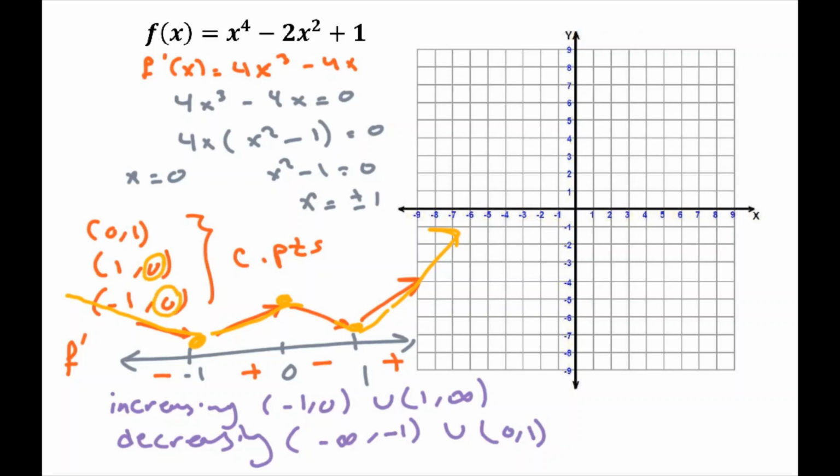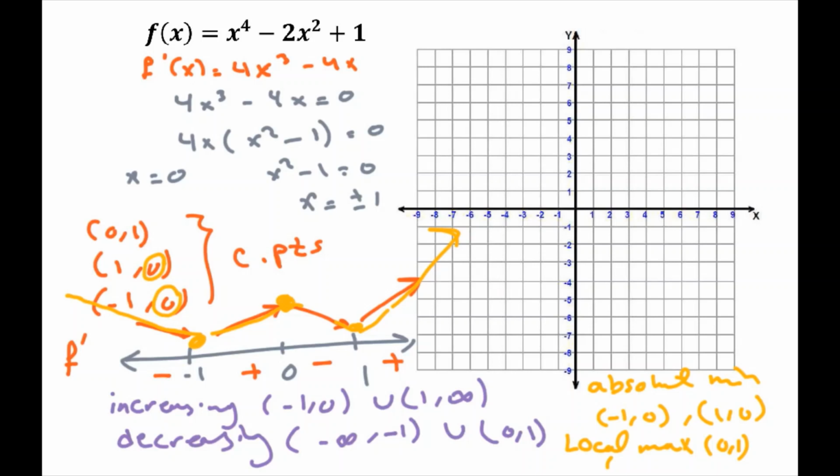So these are absolute minimum at negative 1, 0 and 1, 0. However, this point here is a local max at 0, 1. Okay, local maximum.